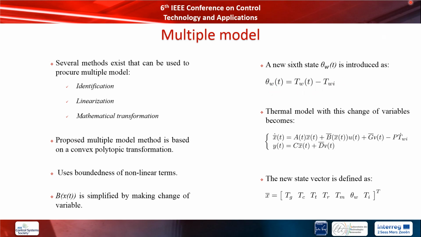The proposed multiple model is based on convex polytopic transformation of nonlinear functions that uses boundedness of nonlinear terms. The thermal model with the change of variable is expressed as this, where the new state vector becomes this, where we have a new variable theta W.